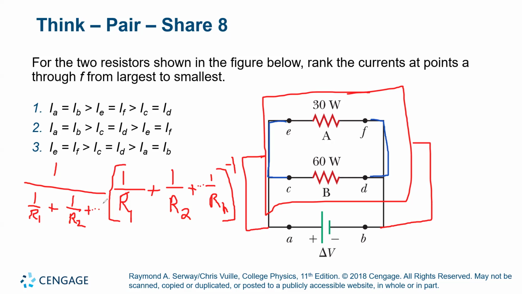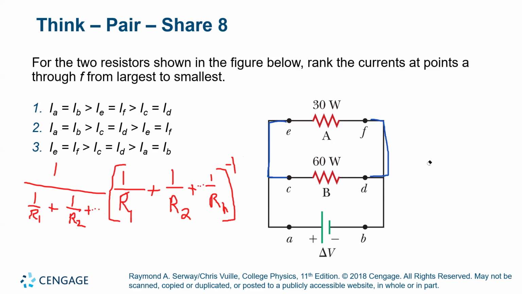Now, if you only have 2 resistors, there is a simple shortcut to this. We did this already with the capacitors. We'll do it again. When you do the common denominator, you end up with R1 times R2 over the sum. Now, if you remember for the capacitors, this formula was applied when the capacitors were in series.